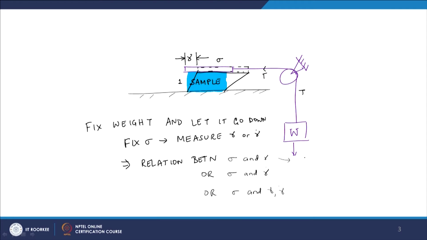We may be interested in these three different experiments. The first one I would do for a perfect solid, the next one I will do for a liquid, and the last one I will do for a viscoelastic material.